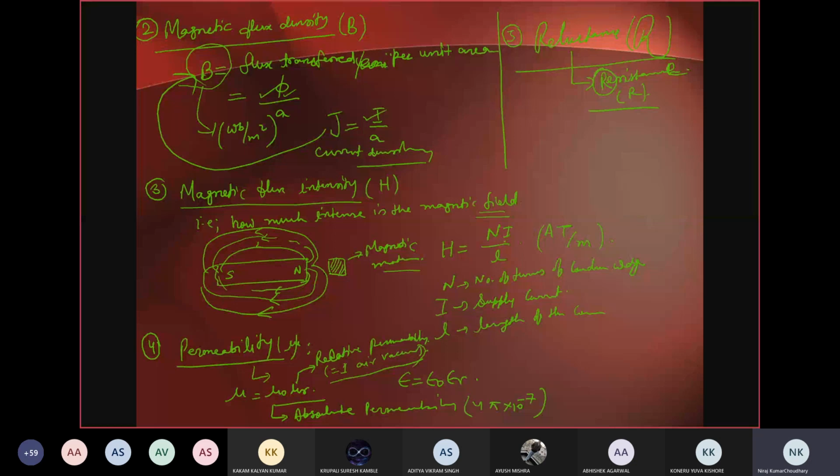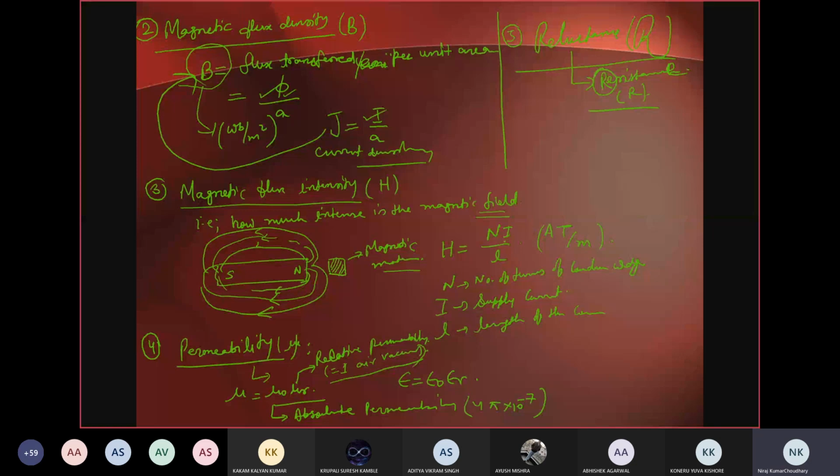What is resistance in any electrical circuit? Sir, obstruction in the flow of current. Right. Resistance is the property of an electrical circuit which opposes the flow of current, as you said, obstruction to the flow of electric current.